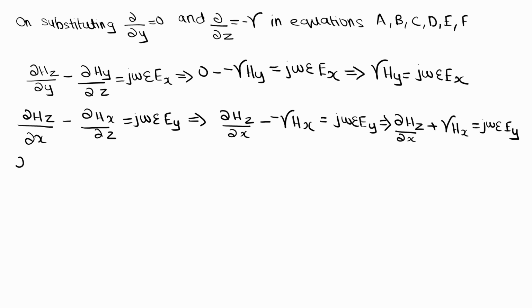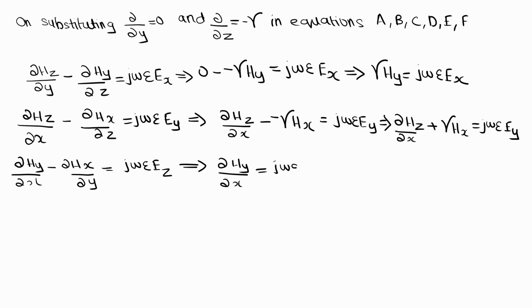The next equation, ∂Hy/∂x minus ∂Hx/∂y equal to j omega epsilon Ez, which implies ∂Hy/∂x equal to j omega epsilon Ez.